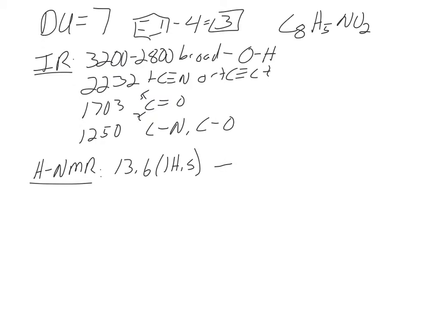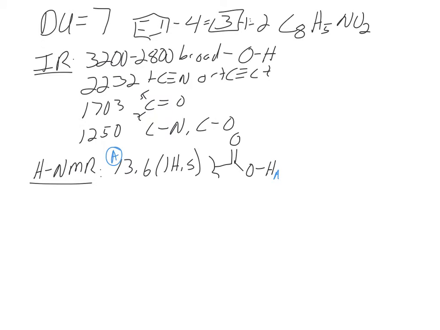So we're going to say that is this piece. And if I label this as HA, that's what this would be, right? Do we know what's bonded over here? No. So we have our first piece for sure, right? And how many degrees of unsaturation does a carboxylic acid take? 1. So now we're down to 2 up here, right?